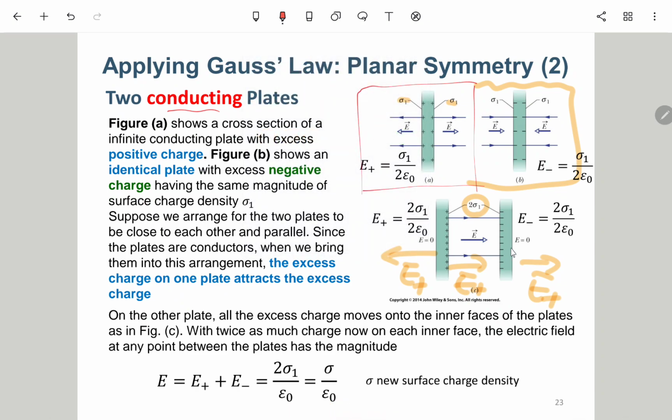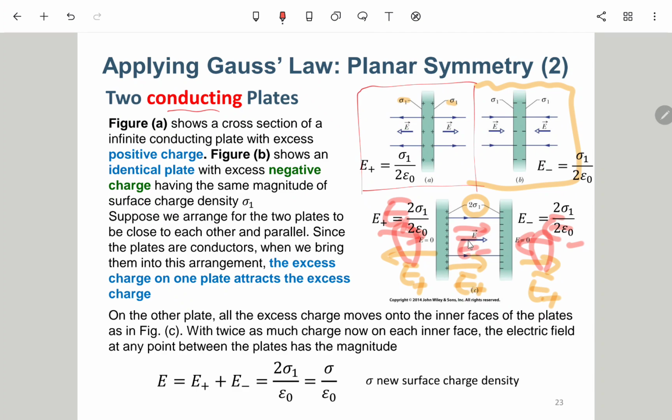The negative plate generates E minus to the right on its left side and E minus to the left on its right side. So these two cancel outside. There is no E field on the left side and no E field on the right side. There's only E field right between the two plates.